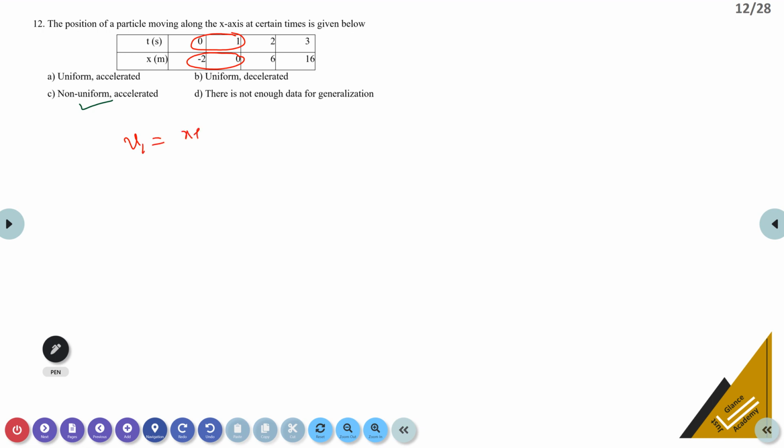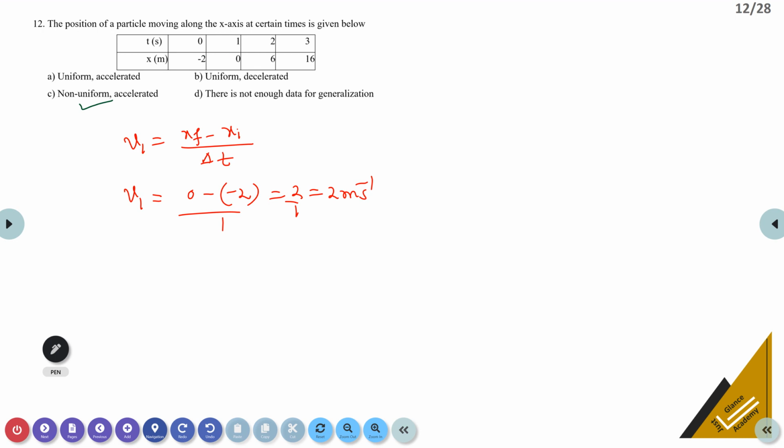V1 equal to x final minus x initial divided by delta t. You see, V1 equal, what is the final displacement? 0 minus of minus 2, it is of minus 2 divided by 1, equal to 2 by 1, equal to 2 meter per second. This is the first case.